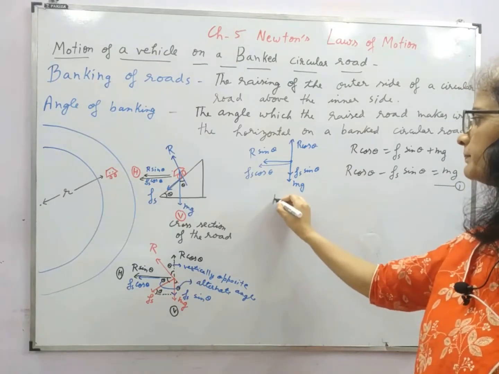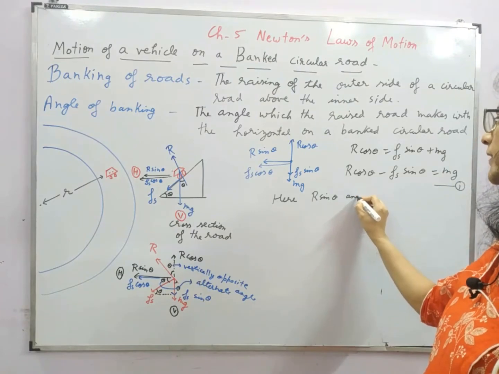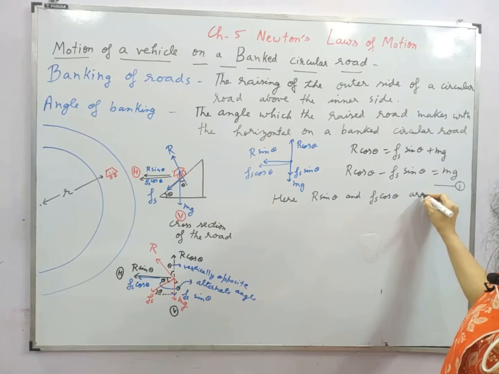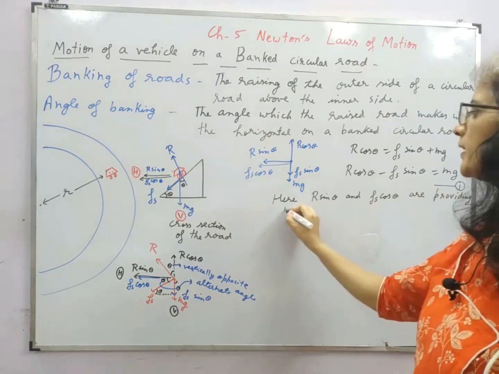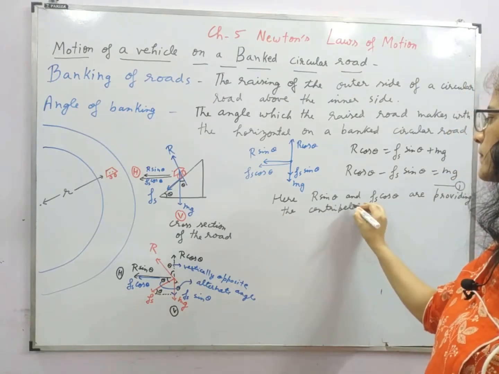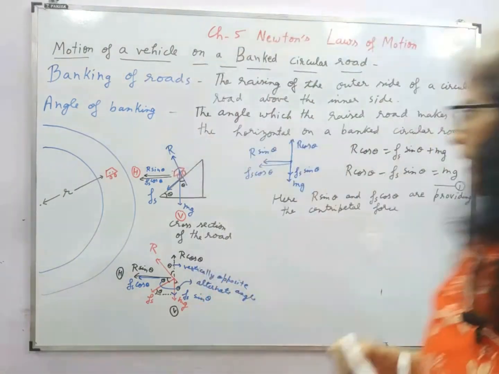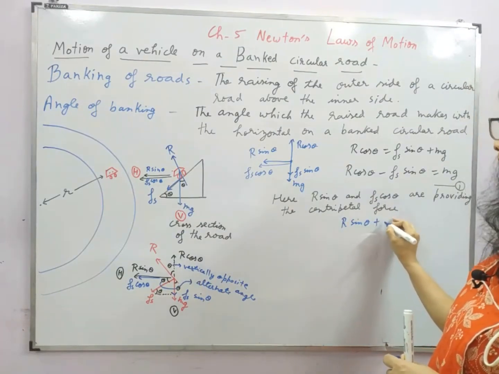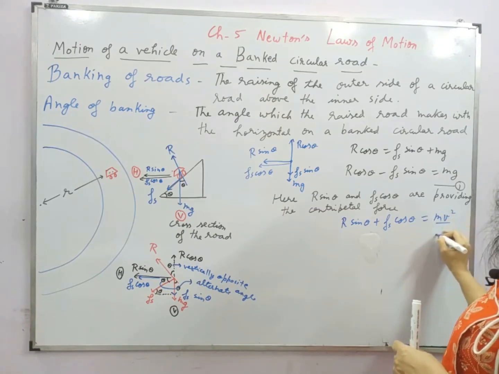So here R sine theta and Fs cos theta are providing the centripetal force. So this is easy for you now. I can write this expression: R sine theta plus Fs cos theta is equal to mv square upon r.